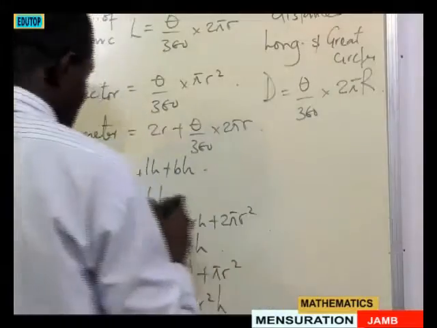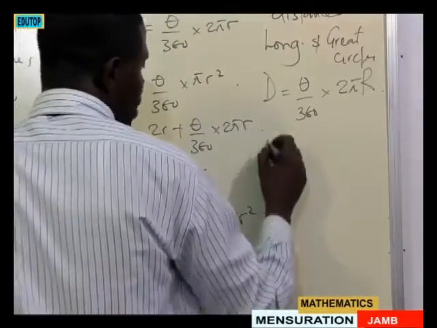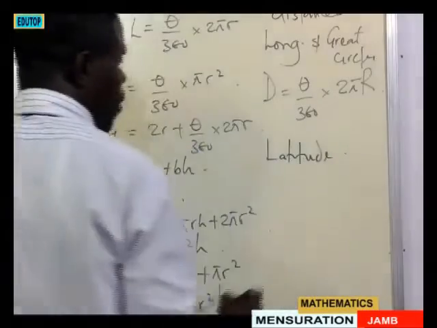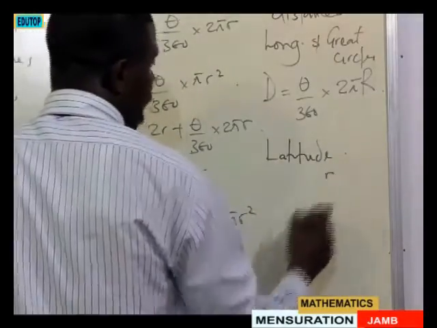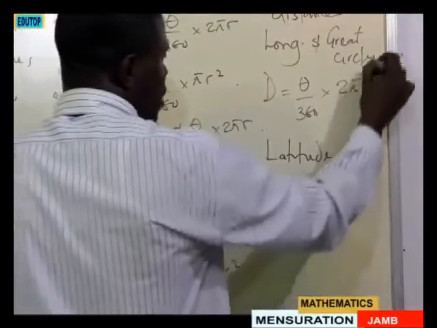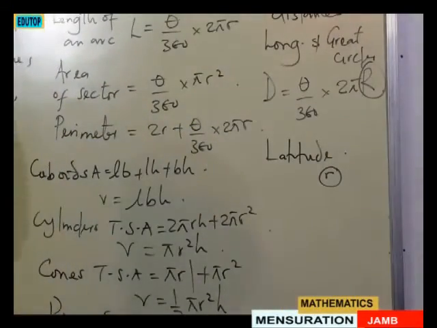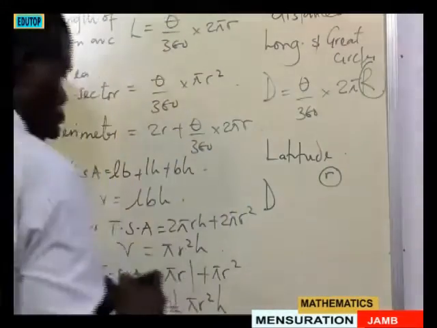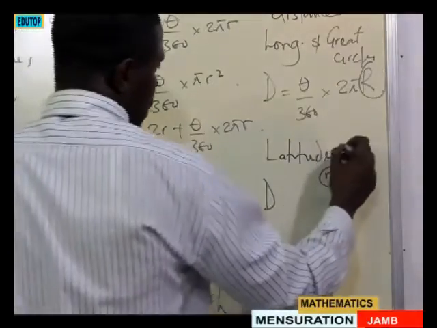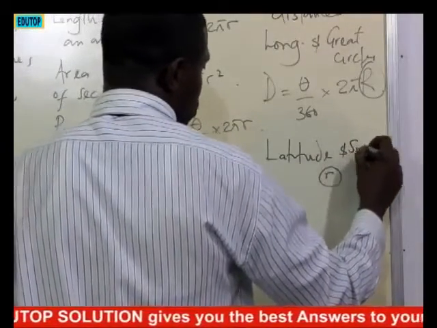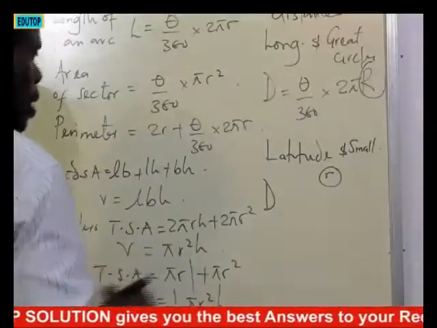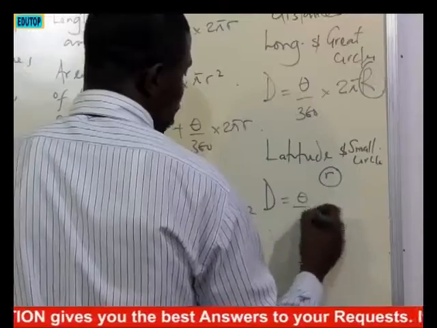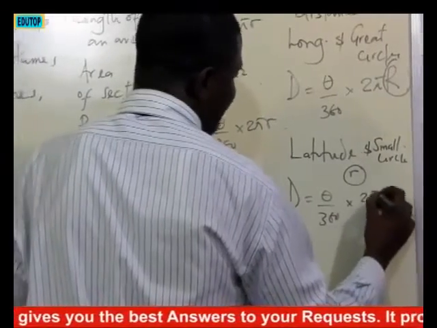But if you are calculating the distance along the parallel of latitude, we normally introduce our small r. Here, small r is quite different from big R. Now, if you are calculating distance along the parallel of latitude or the small circle, because latitudes are formed in a small circle, the formula of that is theta over 360 times 2 pi small r.